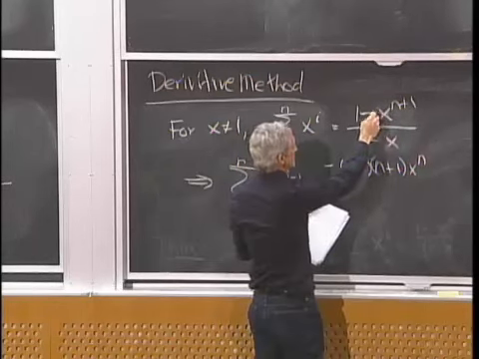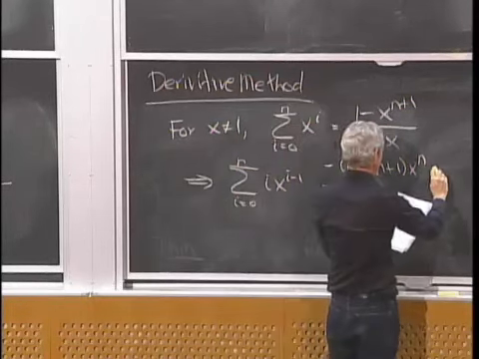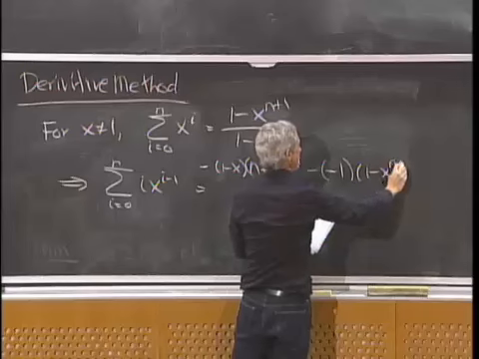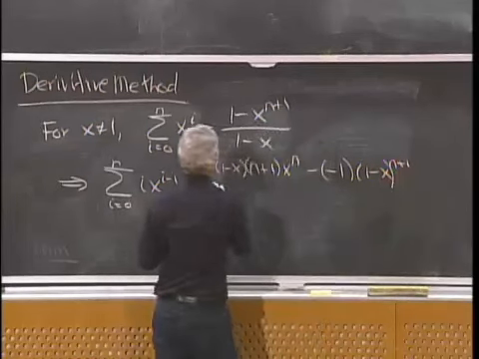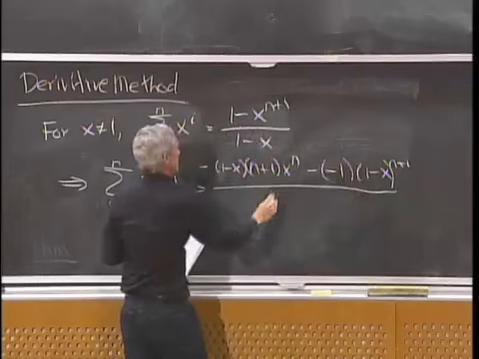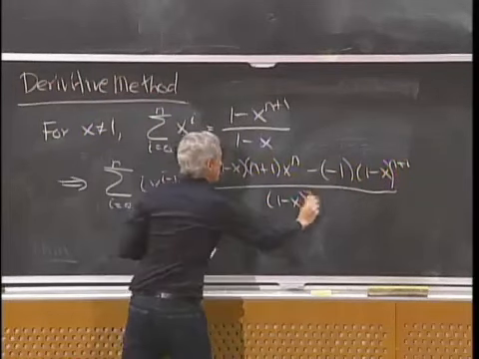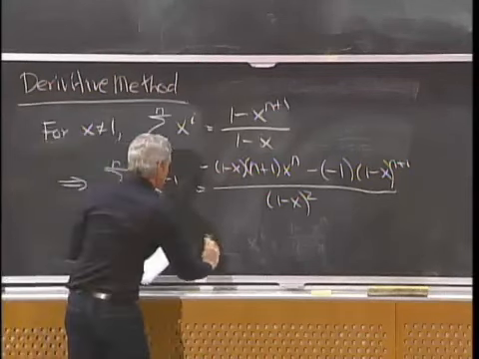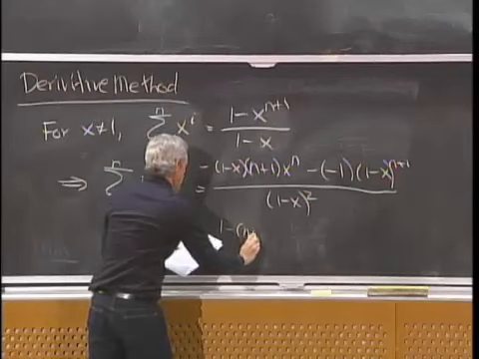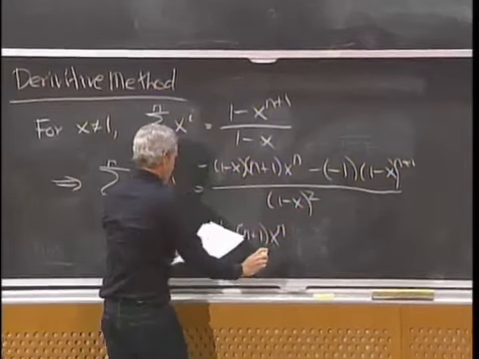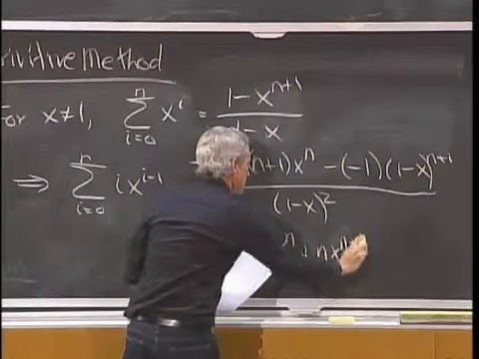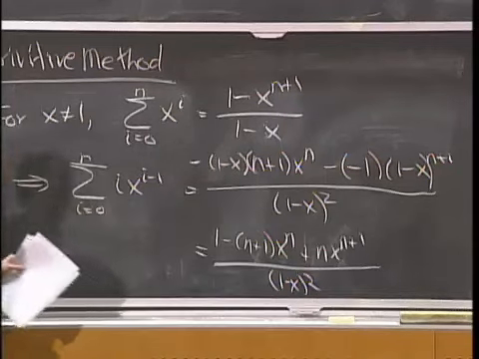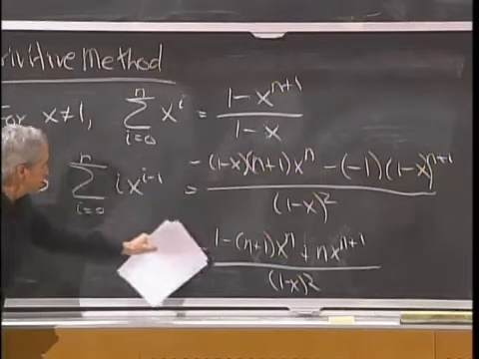Then I take this times the derivative of that, which is now minus 1 minus x to the n plus 1. And then I divide by that squared. Now when we compute all that out, we get this: 1 minus n plus 1 x to the n plus n x to the n plus 1 over 1 minus x squared. All right, I won't drag you through the algebra, but it's not hard to go from there to there.